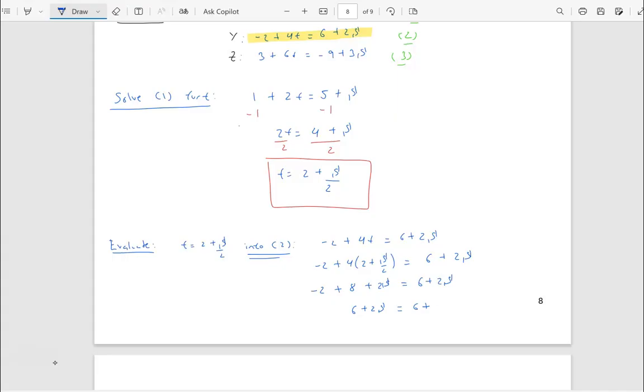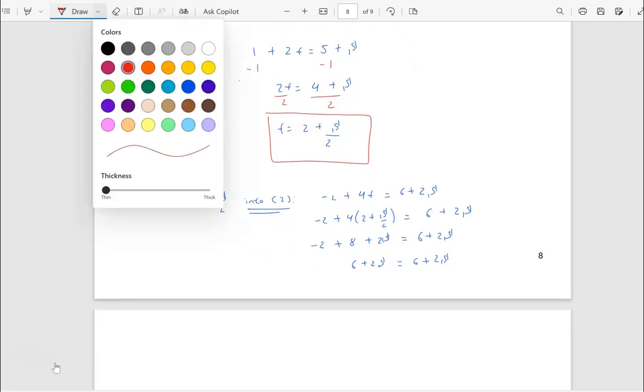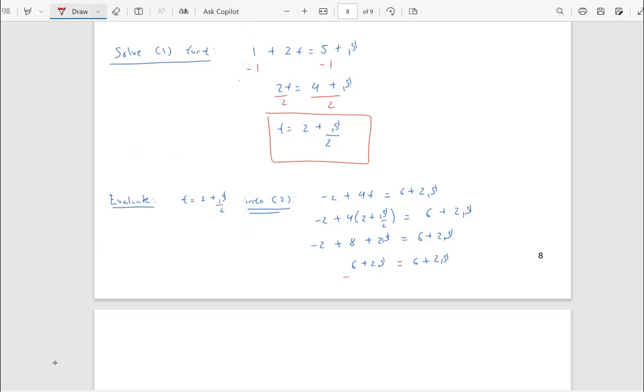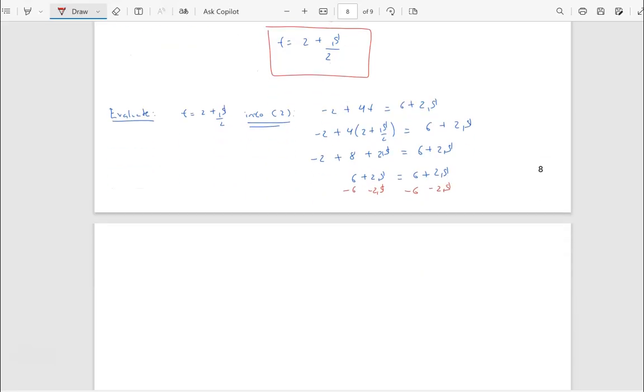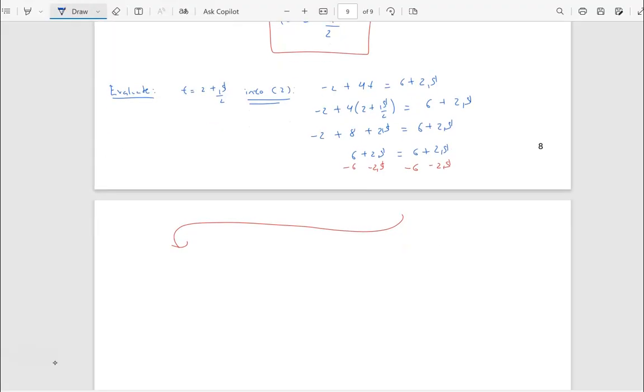Here is where you would find a contradiction, and you would conclude that yes, the lines are parallel. But in this case, if you subtract the 6 and if you subtract the 2s, we're actually going to find out that, not a contradiction, but we end up with the statement of 0 is equal to 0, which is true.